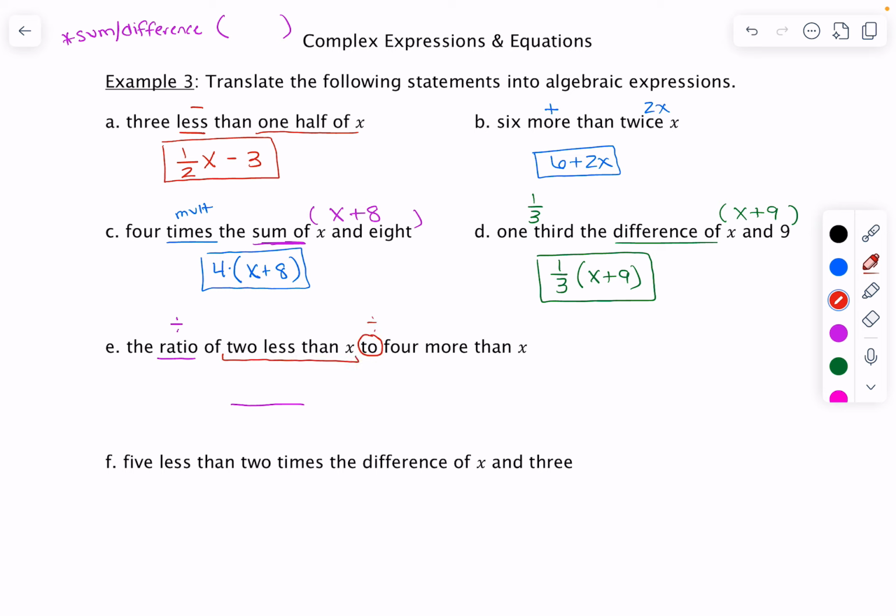And then I've got 4 more than x. Well, 2 less than x is x minus 2, and 4 more than x is 4 plus x. So I'm going to put that x minus 2 on top of my fraction, and the 4 plus x on the bottom of my fraction.